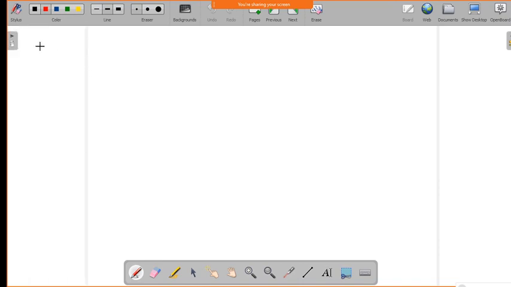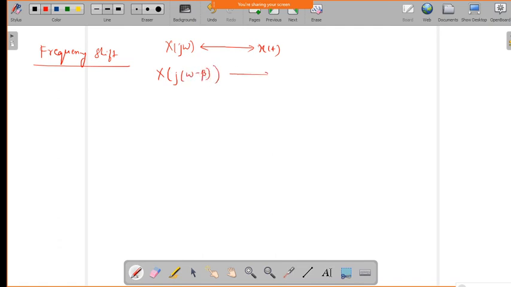So what is the frequency shift property? If we have x of j omega as the Fourier transform pair of x of t, I am taking the reverse here. If you have a frequency shift, that is j into omega minus beta, there is a frequency shift factor, so we can write it as e power j beta t into x of t.